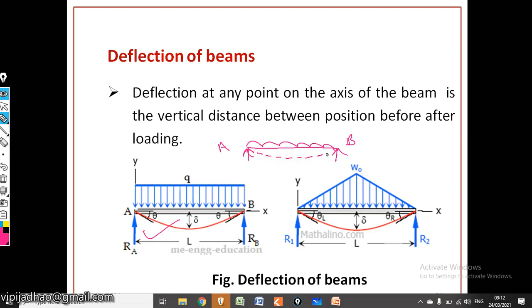This is an exaggerated shape. So this is the deflection here at the center. Let us consider C. So this is the vertical distance between the position of this point C before and after the loading. So this will be the deflection of your beam.